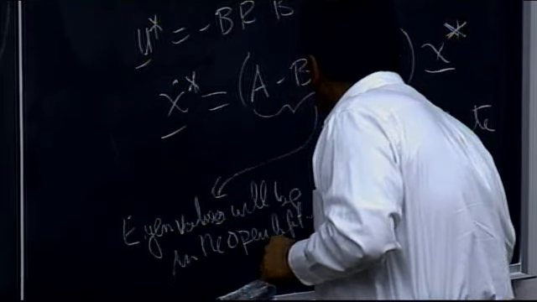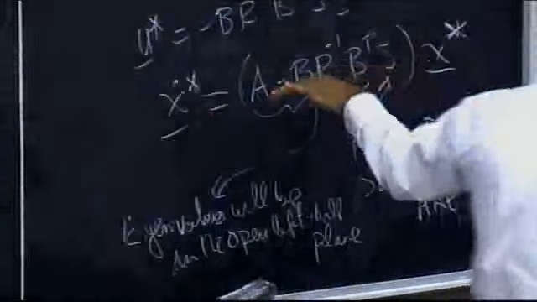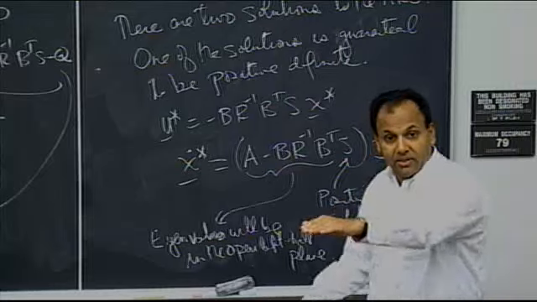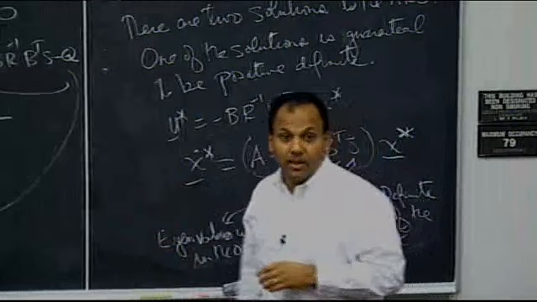So if the eigenvalues are in the open left half plane, what does that mean? It means that now you've guaranteed that this system is stable, and that as t approaches infinity, x has to go to 0, which is one of the requirements that we had at the beginning, right?